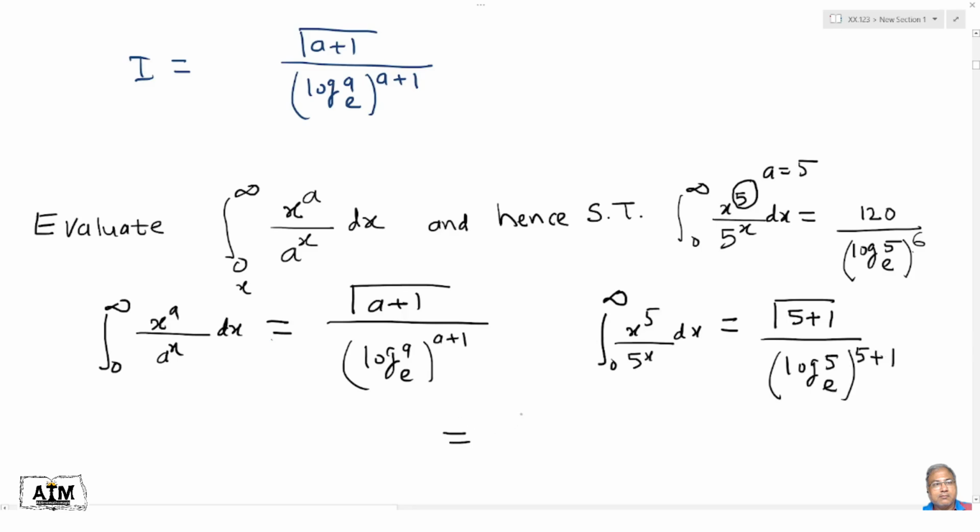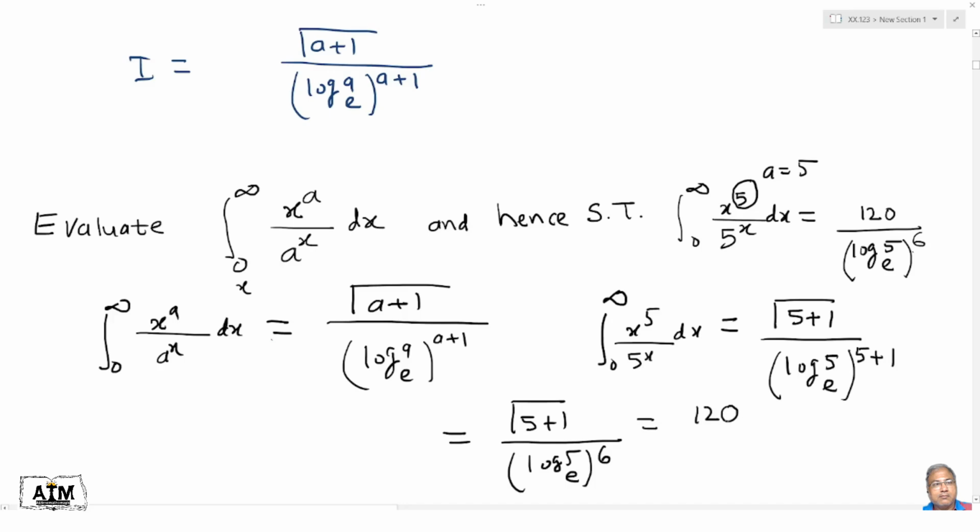So this equals gamma 5 plus 1 divided by (log 5 to the base e) whole raised to 6. Now gamma 5 plus 1, I am directly writing 120.